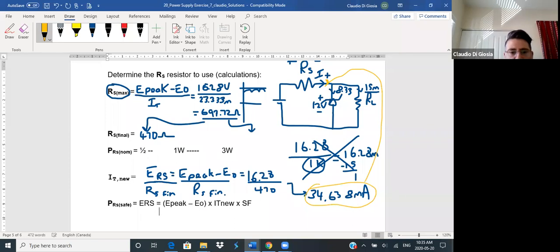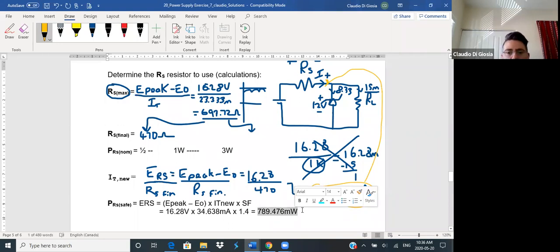So if I fill these values in, I have 16.28 times IT new, which is 34.638 milliamp, times the safety factor, which is 1.4, which will give me a grand total of 789.476 milliwatts.